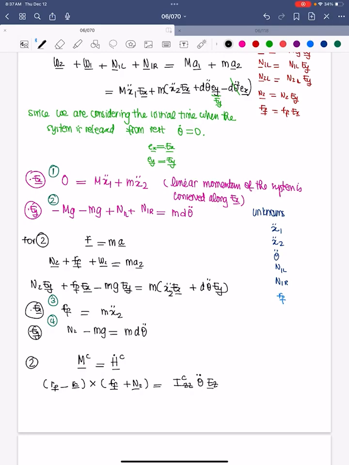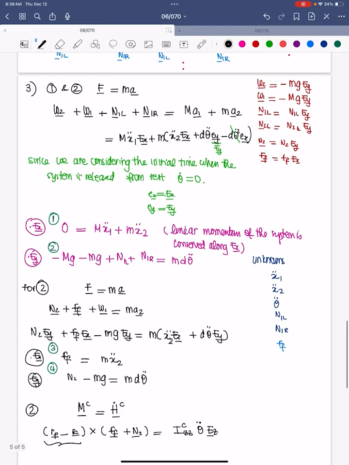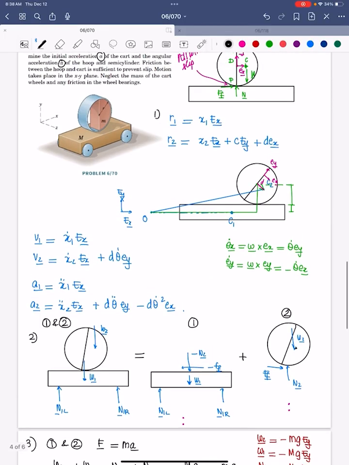Very well. Now I need to figure out what this vector is, RP minus RC. So now I'm going back to my initial figure. I can write RP as x2 EX plus width over 2 EY.